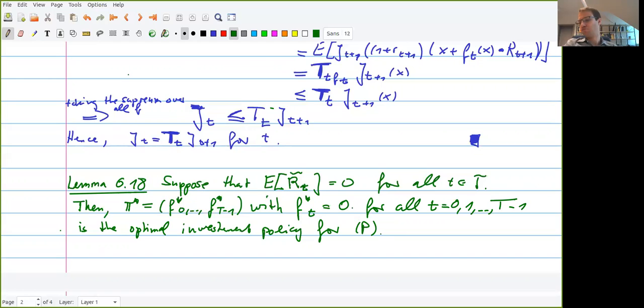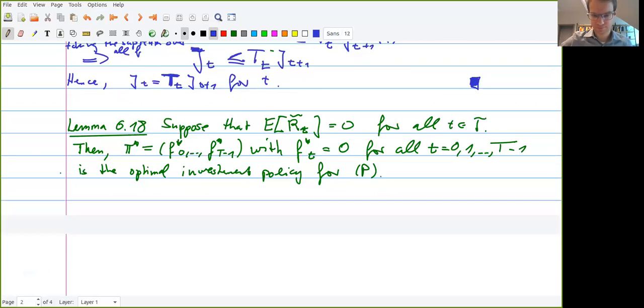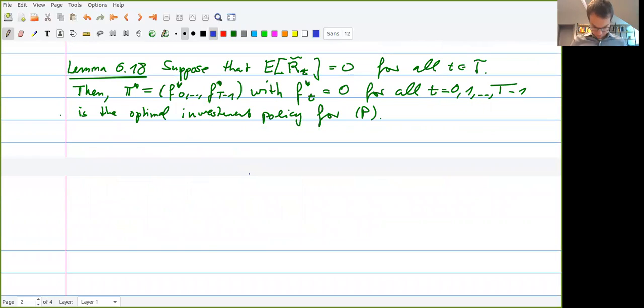Okay. I mean, this intuitively makes rather sense. And now we can also prove it mathematically. So I basically need to make what I verbally explained now mathematically rigorous in the proof. So let's do this. How do I do this? Okay.